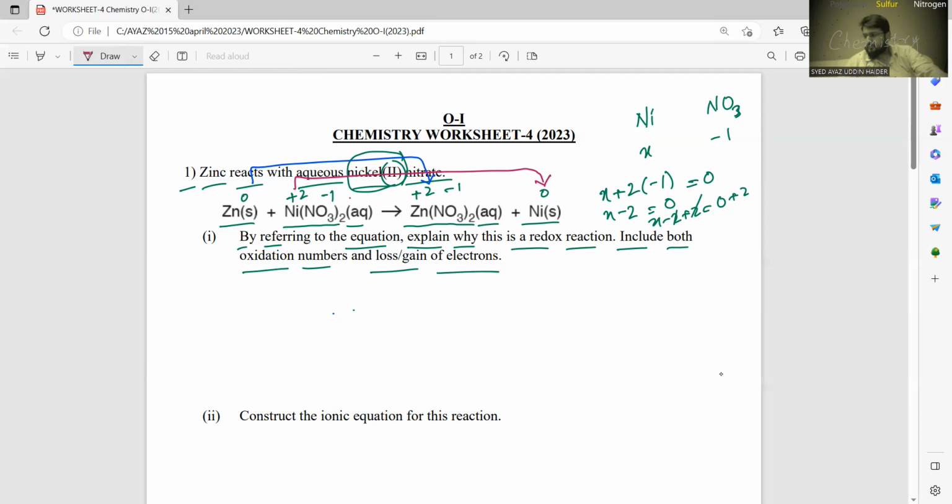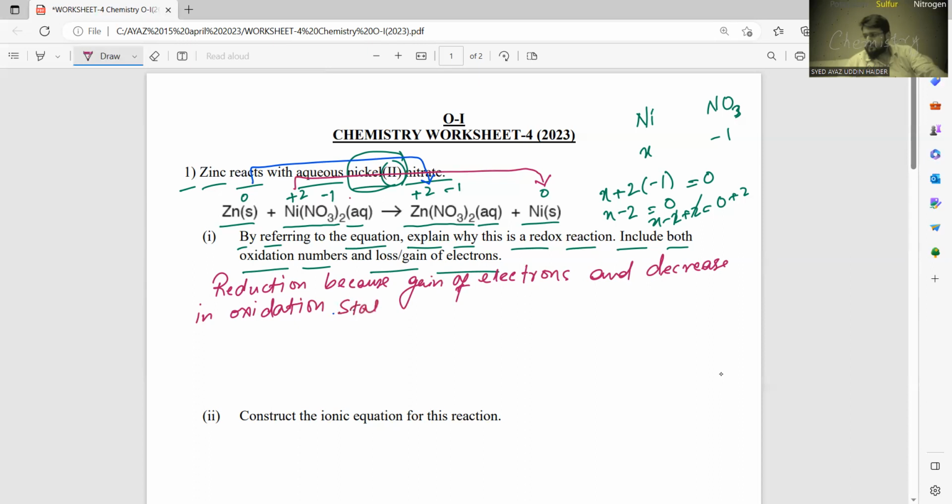So I will write reduction because of gain of electrons and decrease in oxidation state or number.